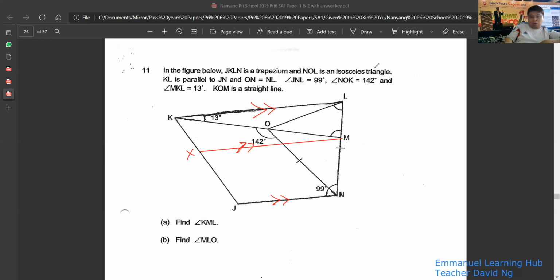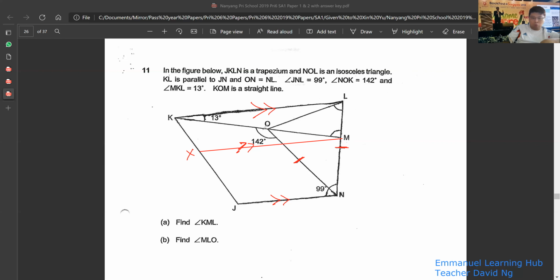Then they tell you NOL is an isosceles triangle. These two sides are the same. KL is parallel to JN. Then ON equals ML, already indicated, same length. Then JNL is 99 degrees.